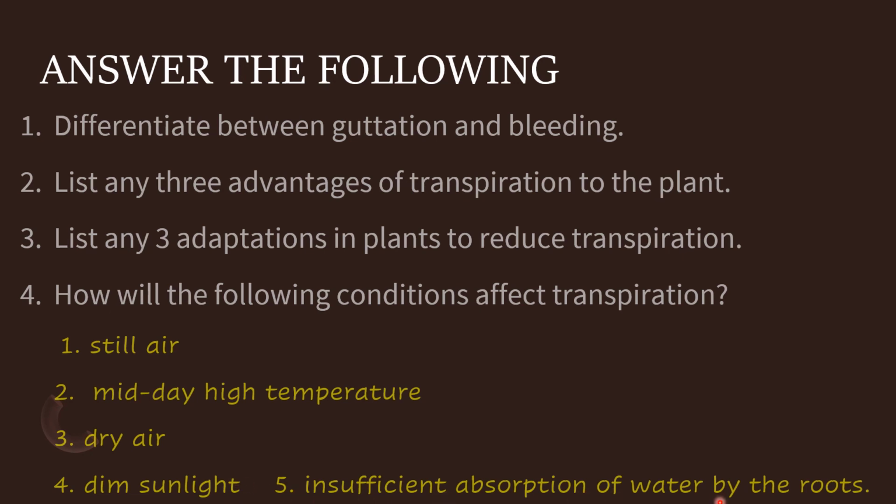Insufficient absorption of water by the roots. Then there is less water in the leaves, or guard cells are not getting enough water. Then they may be flaccid. Then stomata will close. Then what happens to the rate of transpiration? With insufficient absorption of water by the roots, transpiration rate decreases.